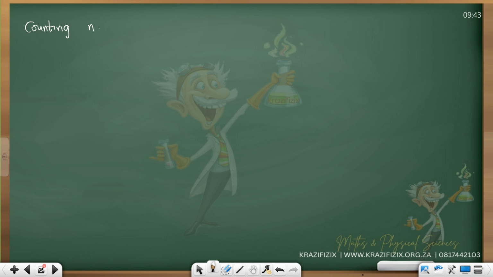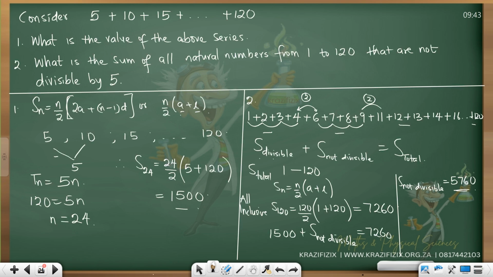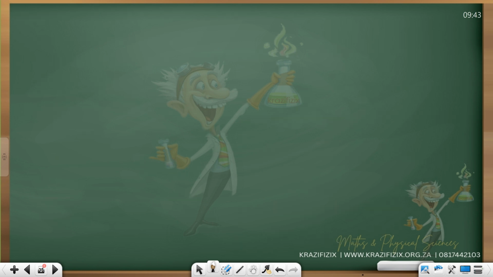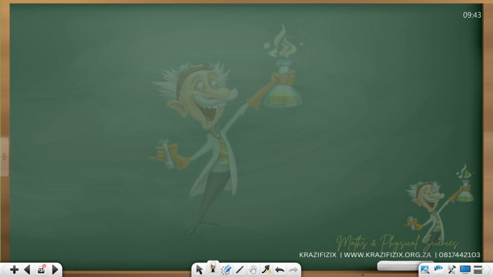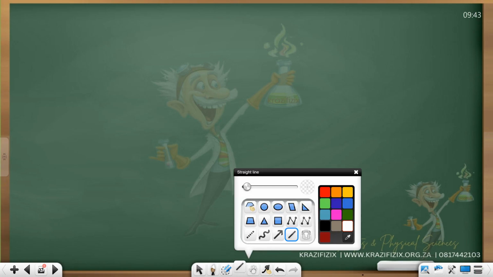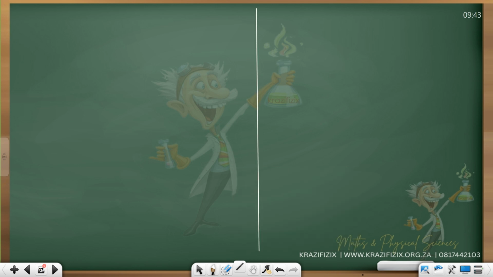I'll do this when I do sigma notation. Let's move quickly to this morning's job: geometric sequence. Wherever we stop, we don't want to force too much content. We're just going to go gradually.